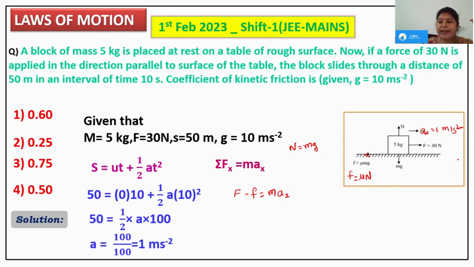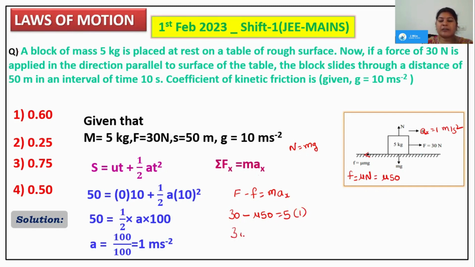What is capital F value? 30 Newton, minus small f, mu into N. What is the mu value? I don't know, I need to calculate it. Mu into N, normal reaction, nothing but mg. mg is 5 into 10, which is 50. So frictional force is mu into 50, which is equal to mass 5 into acceleration 1.